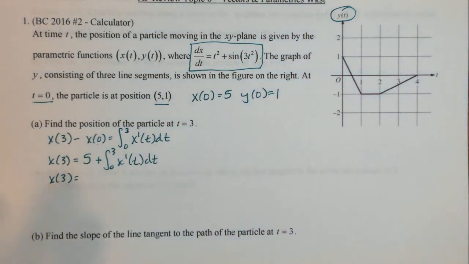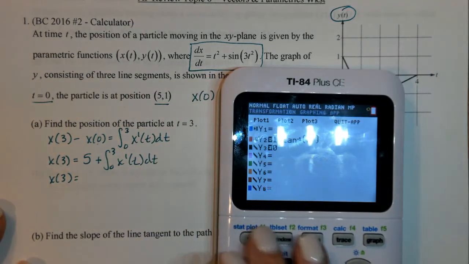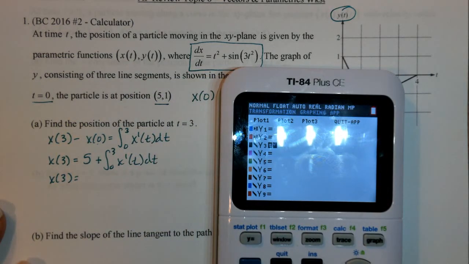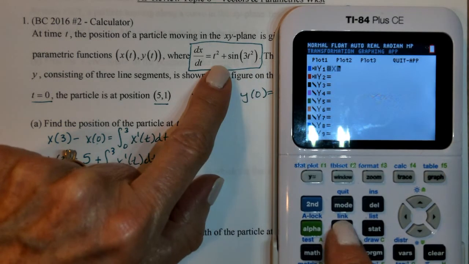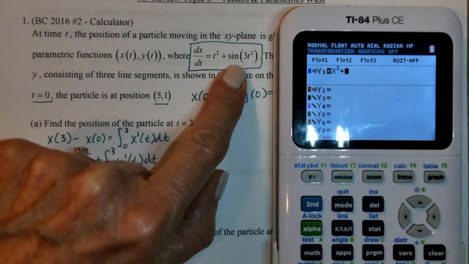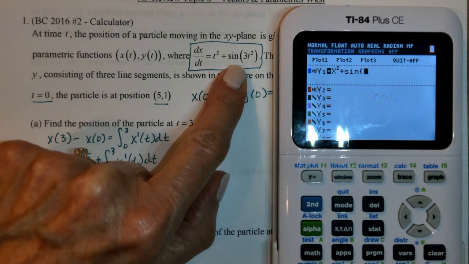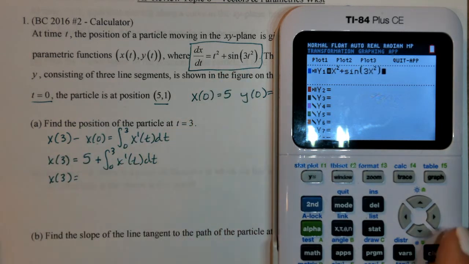And now we're going to our calculator. I'm going to go to our home screen, clear out what's there, and I'm going to put our x prime in for y1, still in function mode. Double check, make sure you got it in there right.